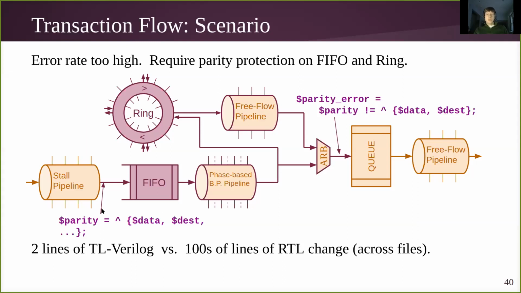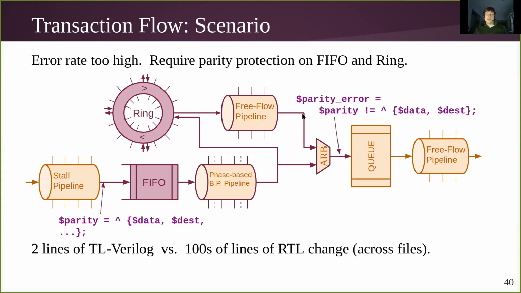And through the magic of transaction level Verilog, we can implement all of this just by adding these two statements for the parity and the parity error check. The tools will recognize that parity is consumed here and that it can be found back through this transaction flow.